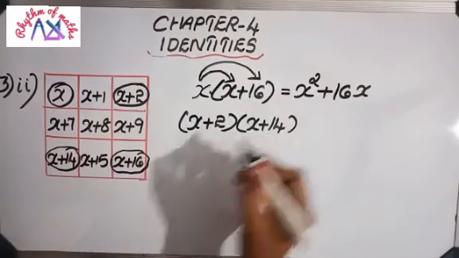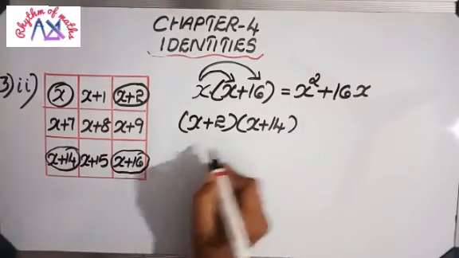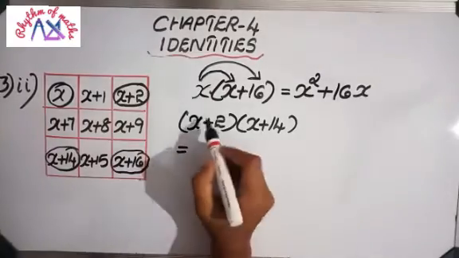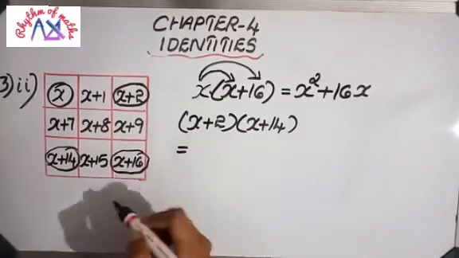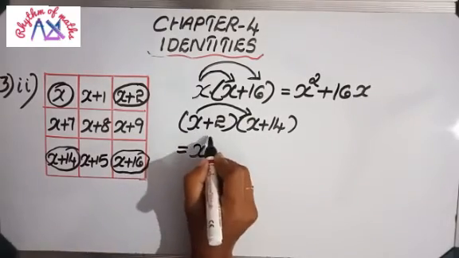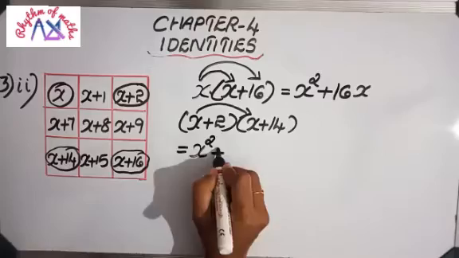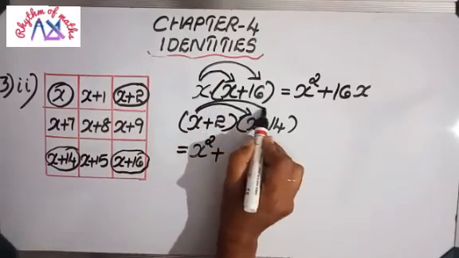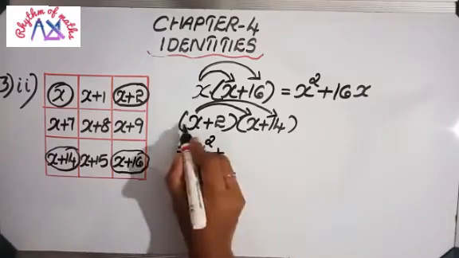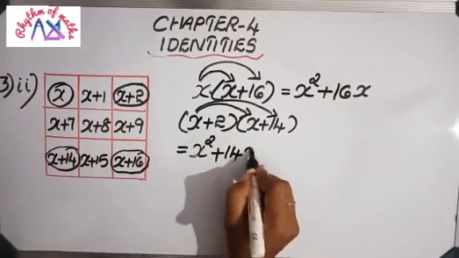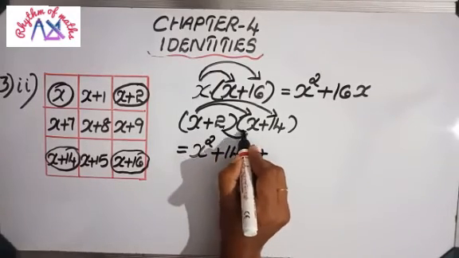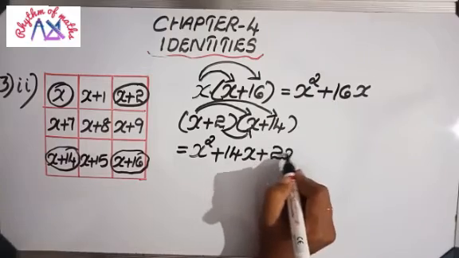Now how will we simplify this? How will we open the bracket here? We have to use the very first identity, x plus y into u plus v. That is x into x first. x into x is x square. All are positive, so put plus here. Then x into 14, first with x, 14x. Plus, next is with the 2: 2 into x is 2x.